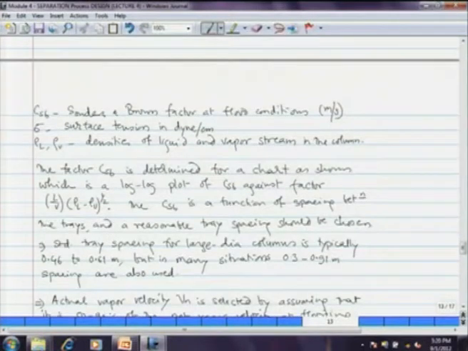The factor CSB is determined by a chart which is a log plot of CSB against the factor L by V into ((rho L minus rho V) divided by rho V) raised to half, and the CSB is a function of spacing between the trays.